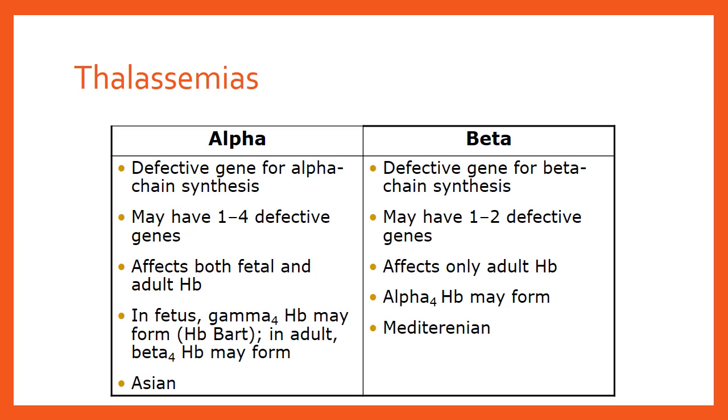Treatment may vary, and the manifestation can vary from death in utero or shortly after birth in severe alpha disorders, versus a quite uneventful clinical course for people with beta hemoglobin deficiencies.